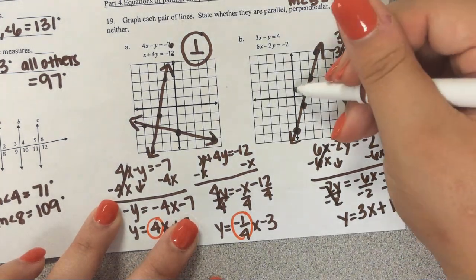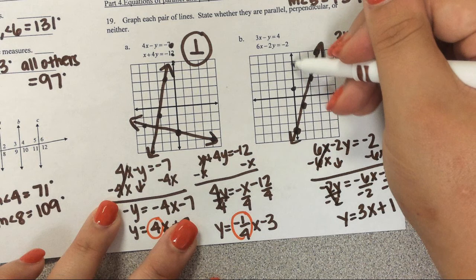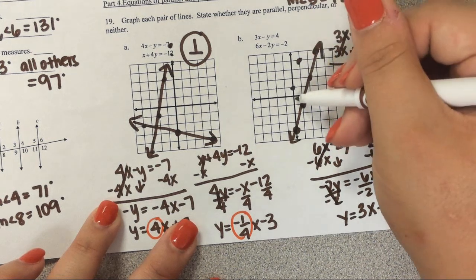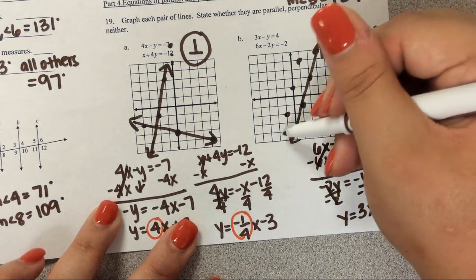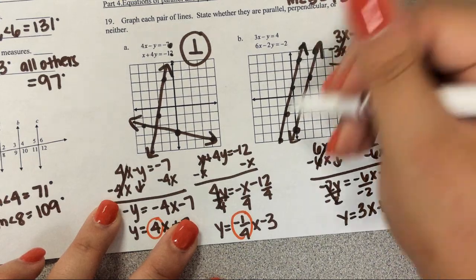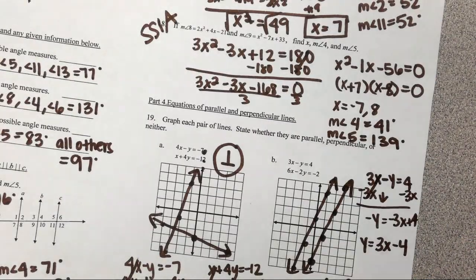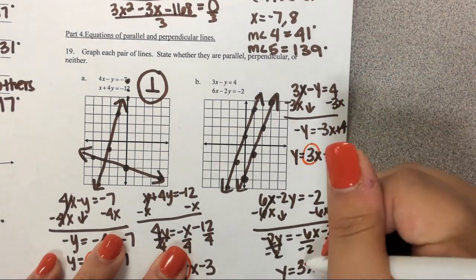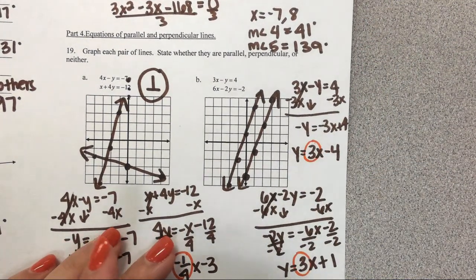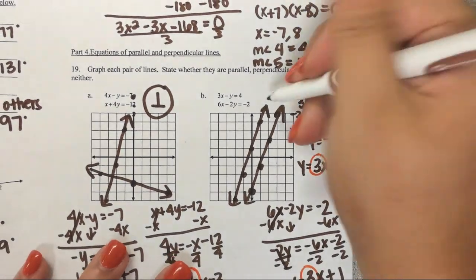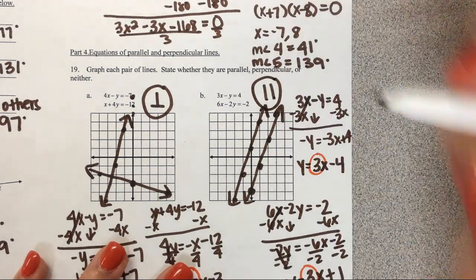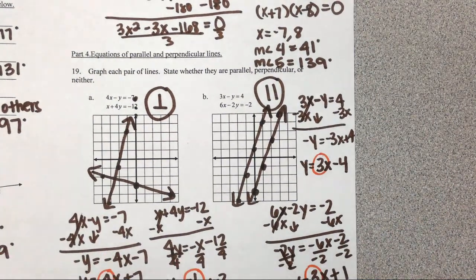So I'm going to begin at 1 and go up 3 over 1. Can't go anymore. Down 3, backwards 1. And because both of these slopes are the same, and because I can look at it and tell, these are parallel. And that's the symbol for parallel.